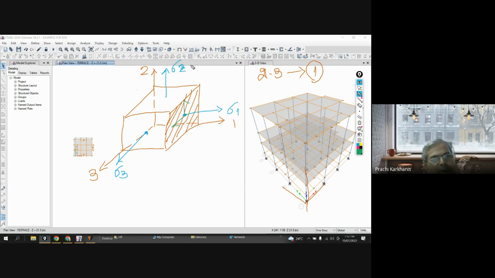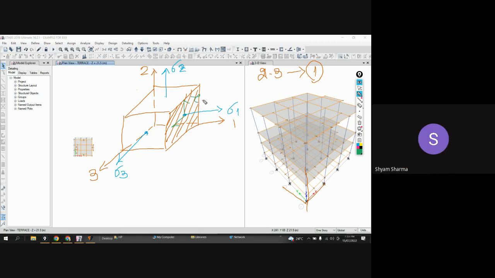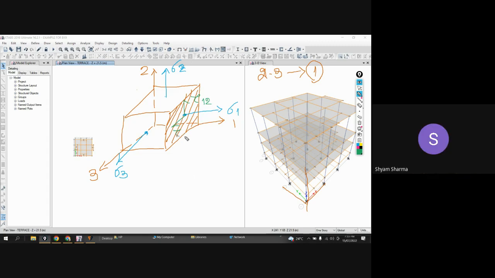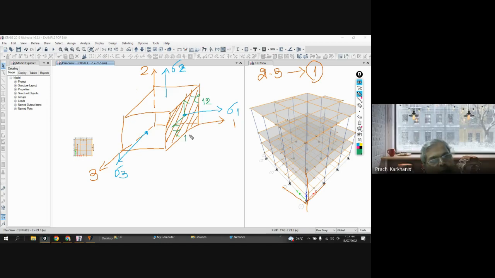Now this stress is on plane 1 in the direction of 2, so I will call it tau 1 2, right? On the plane 1 in the direction of 2. Now this stress I will call tau 1 3.